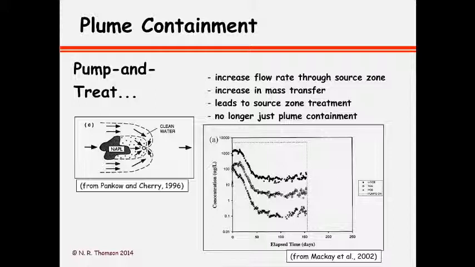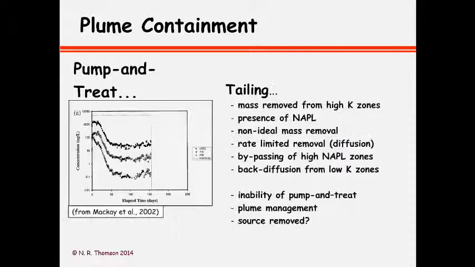The y-axis here is a log scale axis. This long tailing is due to the fact that the mass was removed fairly quickly from the high permeability zones. The presence of the non-aqueous phase liquid caused sufficient mass to replenish that mass. We ended up with non-ideal mass removal.